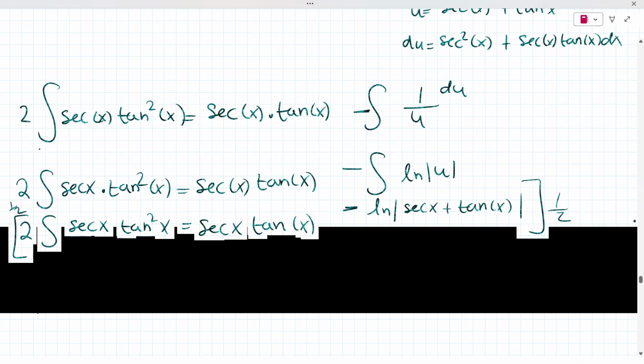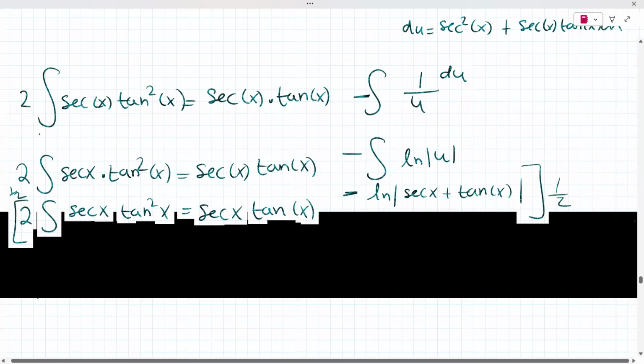So 1/2 times 2, it disappears, so you're just left with the integral of secant of x.